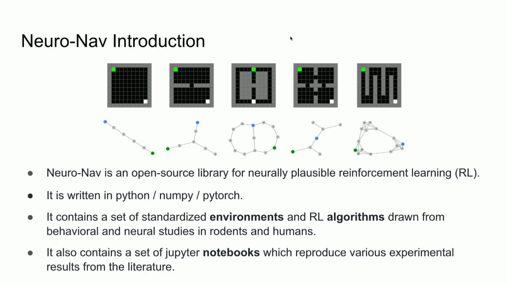What you're seeing now is the current snapshot of NeuroNav, but our intention is to add to each of these three components over time. And because it's open source, if anyone is interested in contributing their own task, environment, relevant algorithm, or notebook replicating useful results to the field, we'd love to chat and see about incorporating that into the library as well.